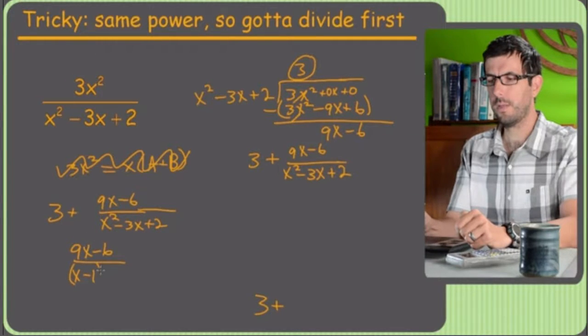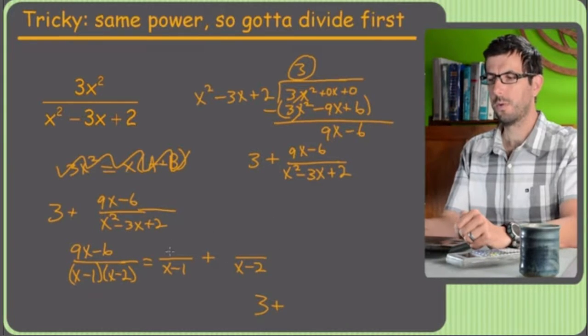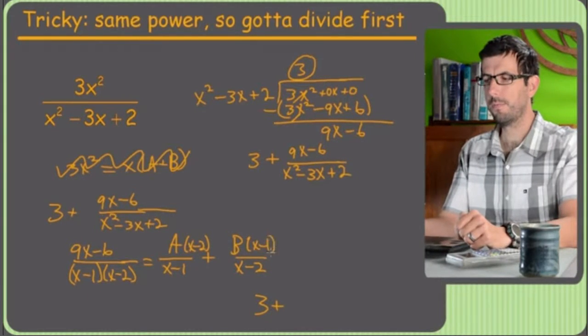That's going to be x minus 1, x minus 2. Now since we have 2 things in the denominator, we're going to have something plus something, over x minus 1 and x minus 2. So we've got A and B. A is going to need an x minus 2. B is going to need an x minus 1.